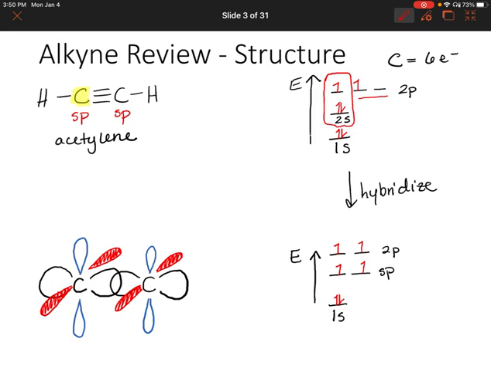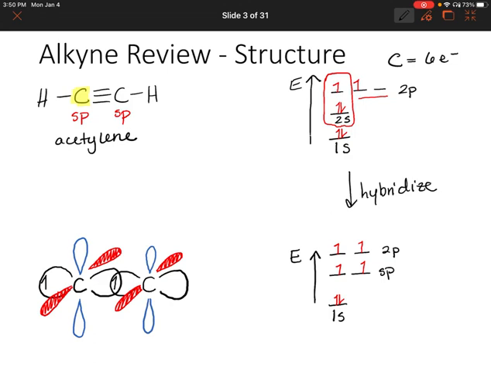Okay, now remember, if we look at our hybridized energy orbital diagram, we have 1 electron in each of the sp orbitals. So if we focus on the carbon on the left, it has an electron in the sp orbital on the left, and it also has an electron in the sp orbital to the right.